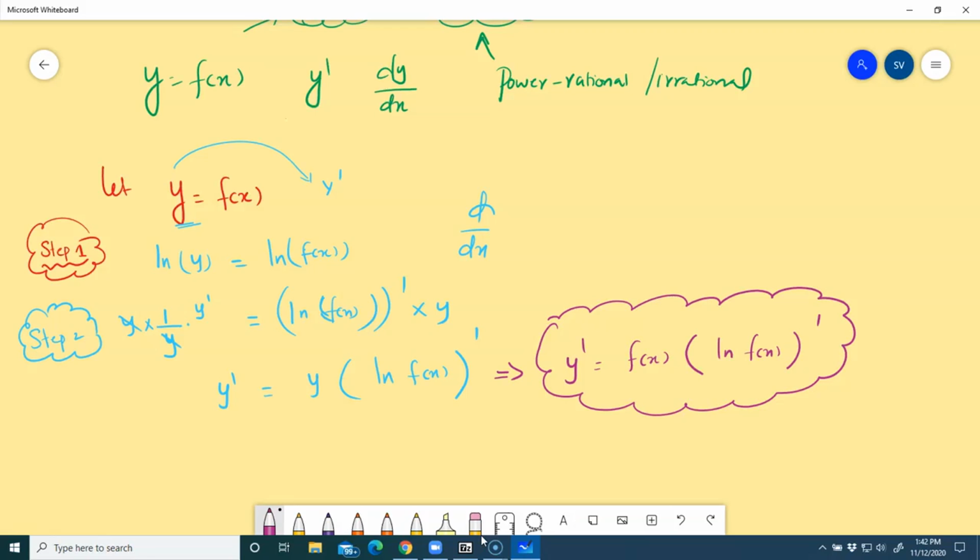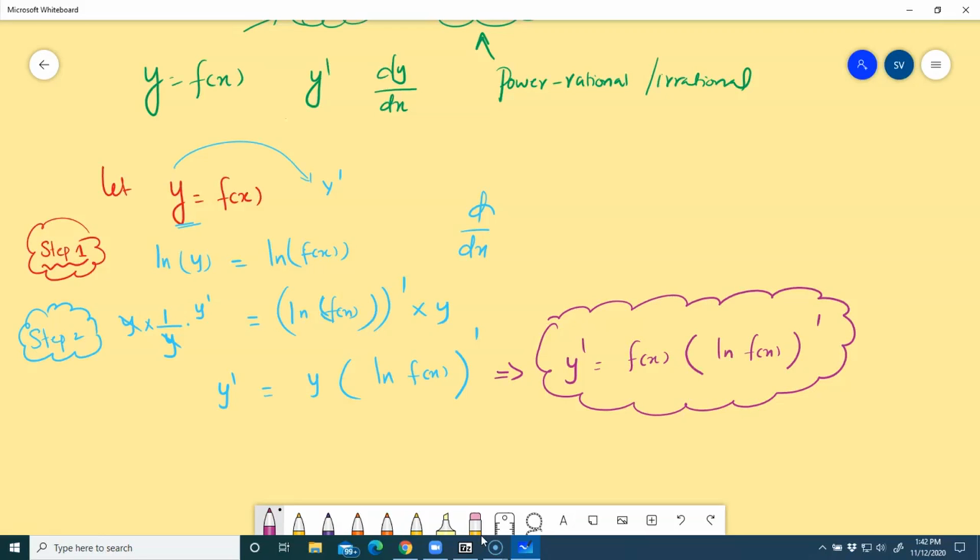If you need to find the derivative of a function which is not a direct function, or a complicated function, what you can do basically is multiply the given function with the derivative of the natural log of that given function.